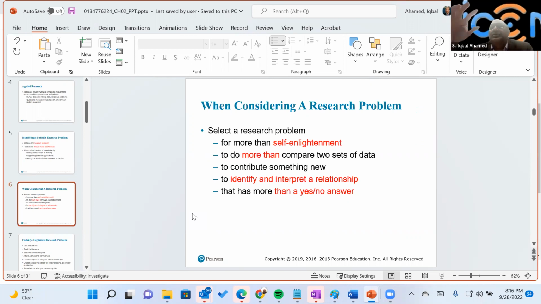From those two data sets, is there any common pattern? What are the things we can refer to? Is there any causal inference from one to another? That is a little bit more than a data set. So in your research, you might have a data set, but you need to do more, contribute something new.